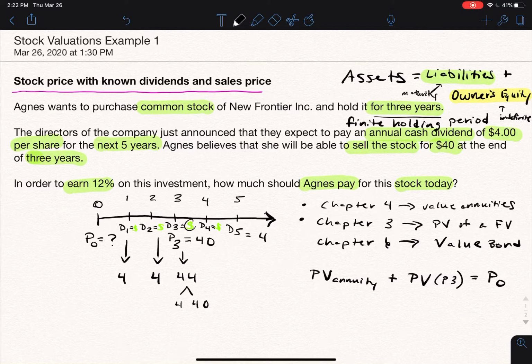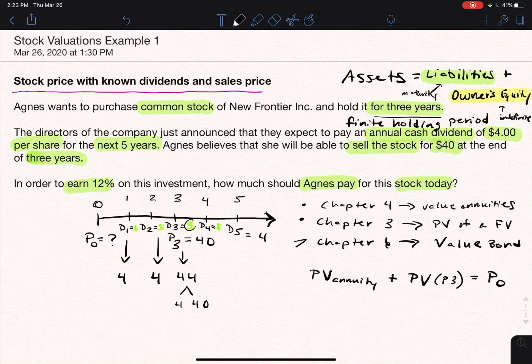So that's one method. Or I could look at this and say, well, hey, this is kind of the same thing as valuing a bond, because with a bond, I know that I get coupon payments, right? And if it's a bond that pays annual coupons with a maturity or face value at the end, that's kind of the same as the information that I'm being given here, right?